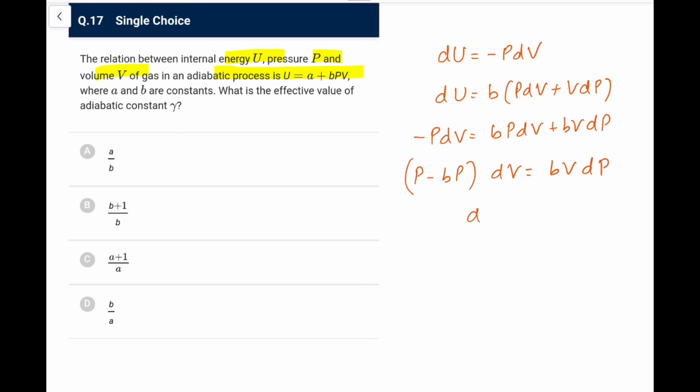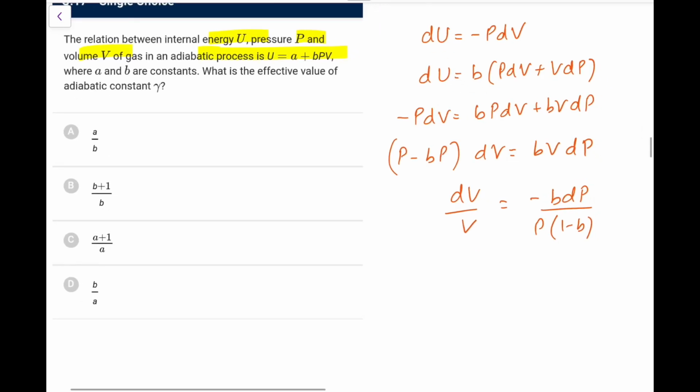Okay, so dV by V is equal to minus B dP upon P into 1 minus B. So if you do this integration, this is ln of V is minus ln of P to the power B upon 1 minus B plus C.